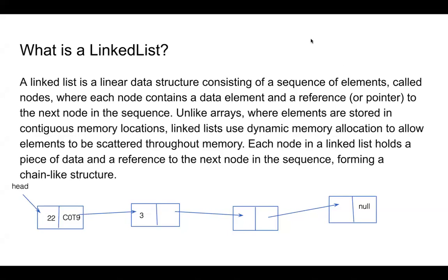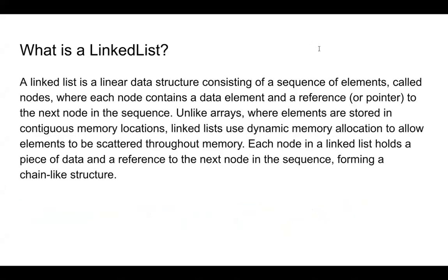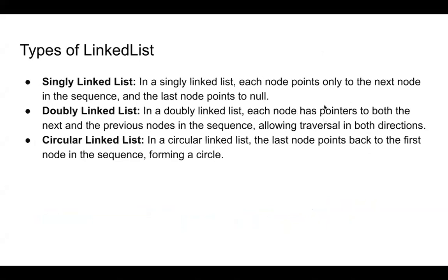Let's take a look at different types of linked lists now. The types of linked list would be singly linked list. In a singly linked list, each node points only to the next node in a sequence, and the last node points to null. It's the example that we just saw.